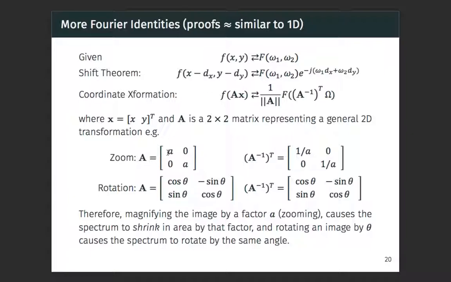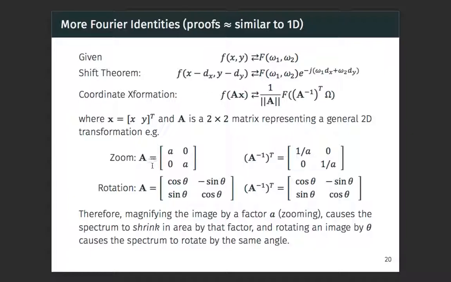Zooming basically means you transform the x and y coordinates into something like ax and ay. If you divide x and y by 2, you're going to zoom out or zoom in the picture, one of the two. So you just multiply x and y by some number, and you get a picture which is a zoomed version of that picture.